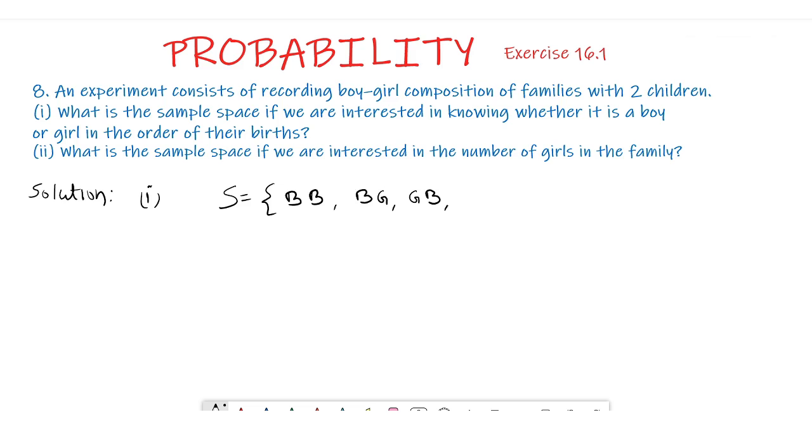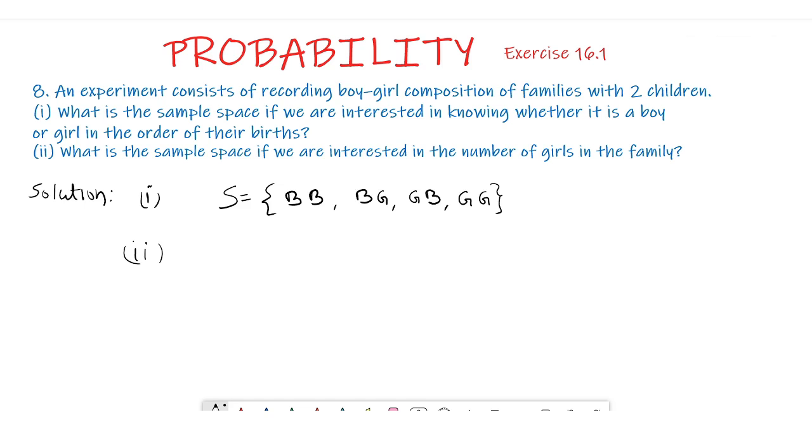And if both are girls, first is girl and second is also girl, then we write GG. So this is our sample space, and BB, BG, GB and GG are our sample points.